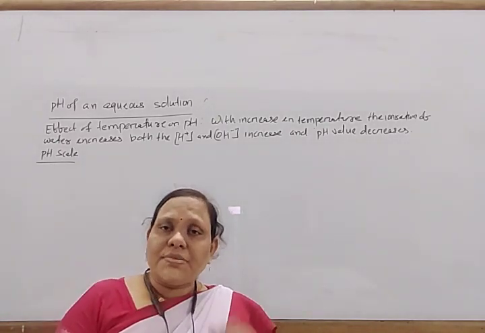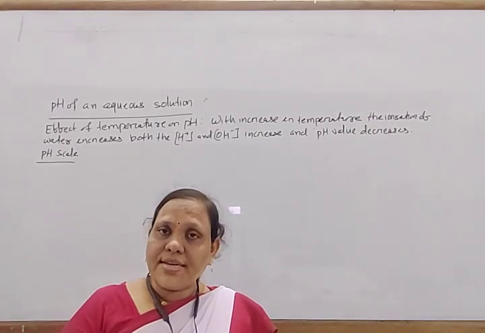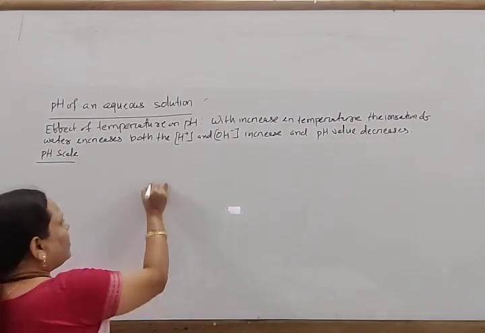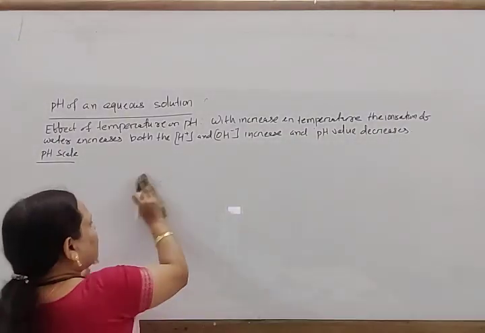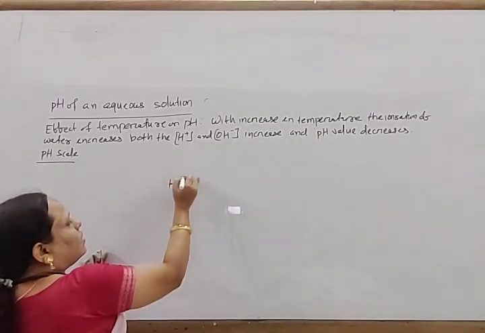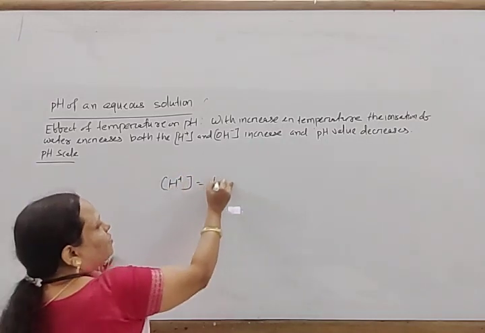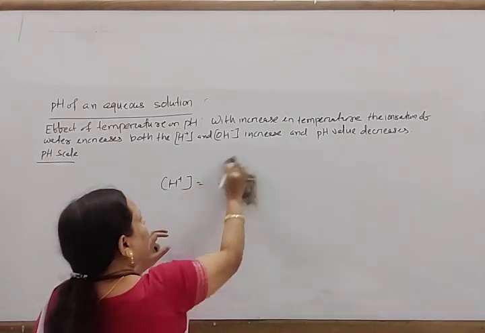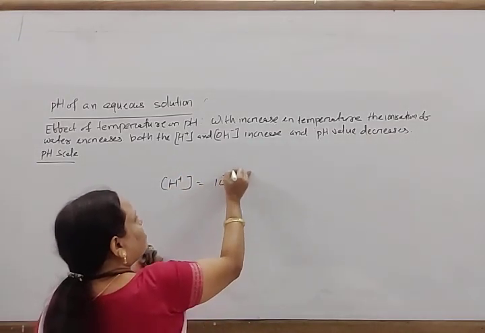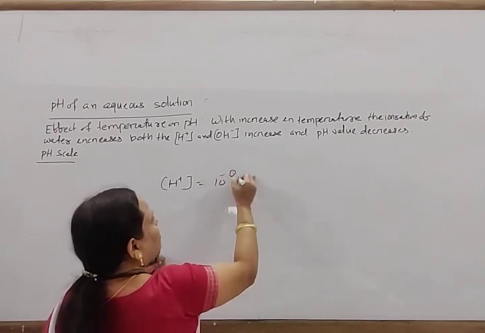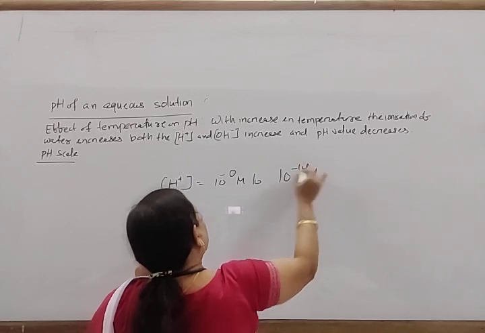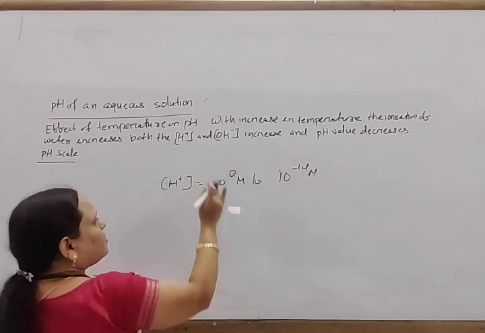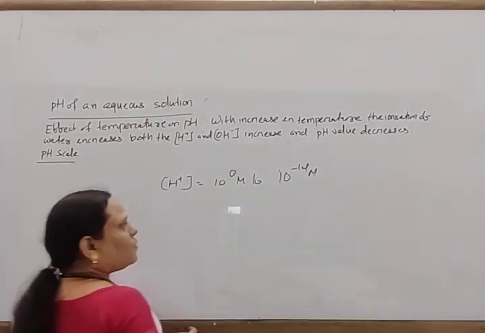The H+ ion or H3O+ ion concentration varies from 10 to the power 0 M to 10 to the power minus 14 M.